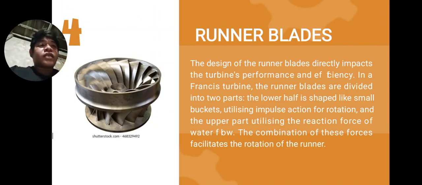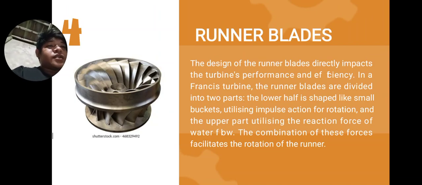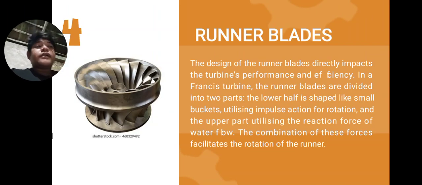And fourth is the runner blades. The design of the runner blades directly impacts the turbine's performance and efficiency. In a Francis turbine, the runner blades are divided into two parts.